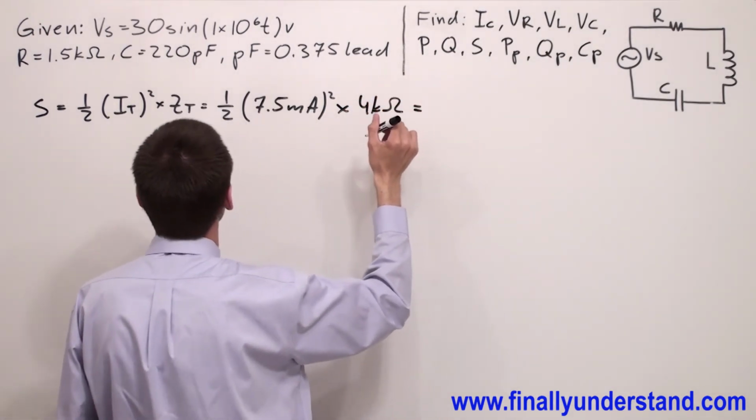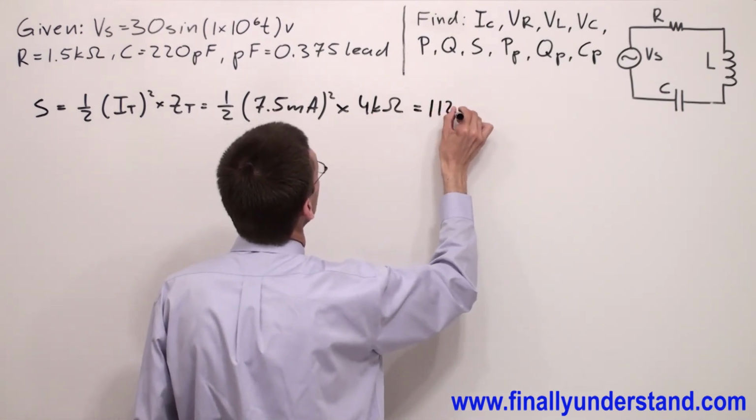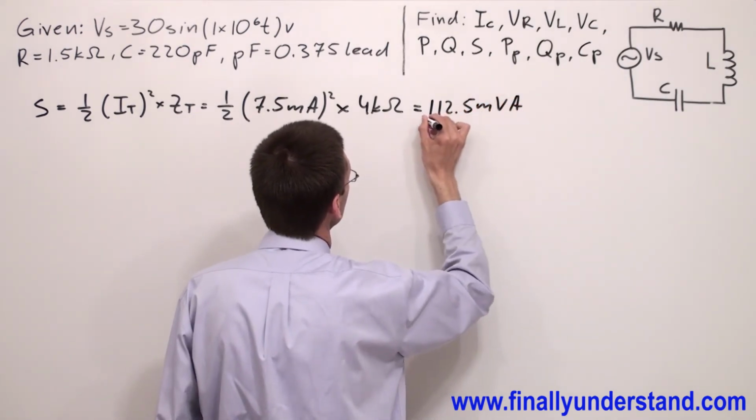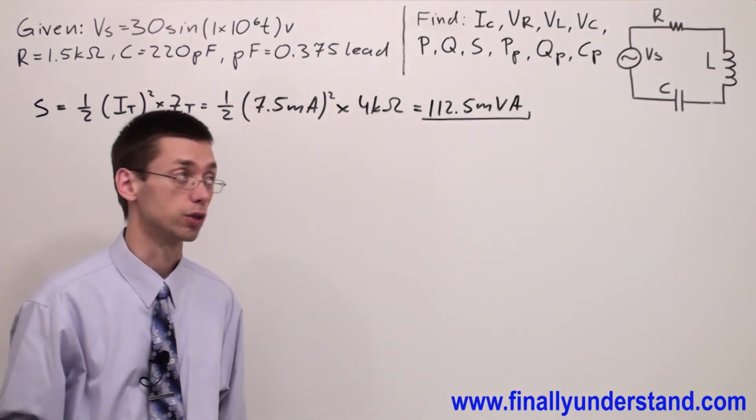This is equal to 112.5 millivolt amps. Okay, so this is the apparent power in my series circuit.